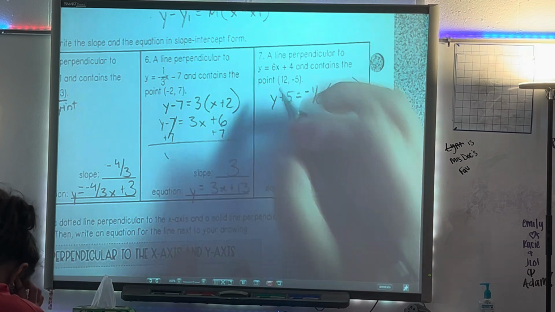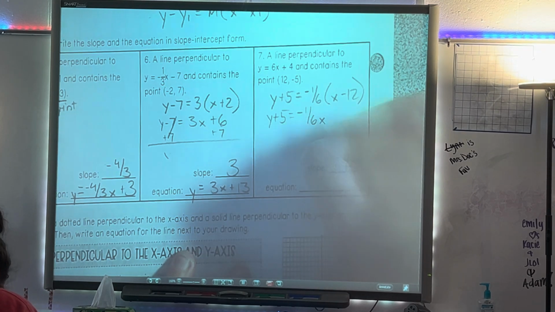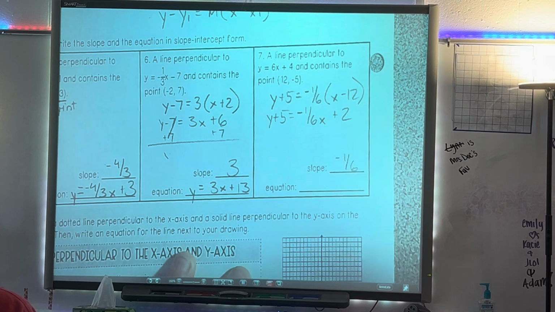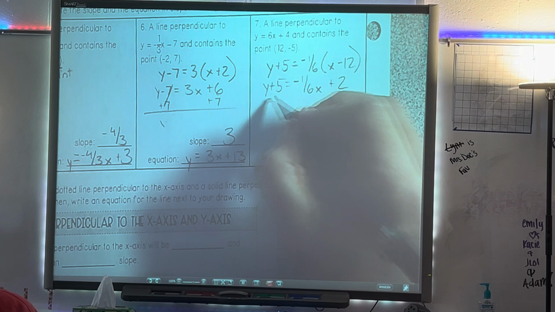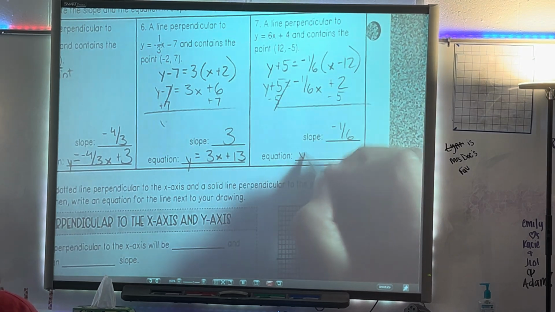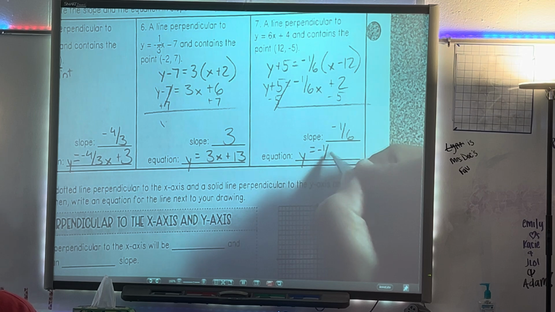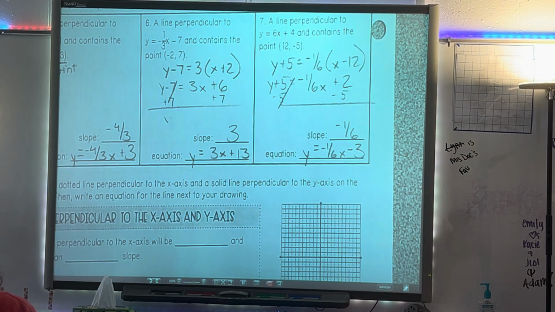Alright, so now I'm going to distribute that in, so it's going to give me plus 2 back there. And then subtract 5. So I'm going to get y equals -1/6 x minus 3. Alright, everybody okay there?